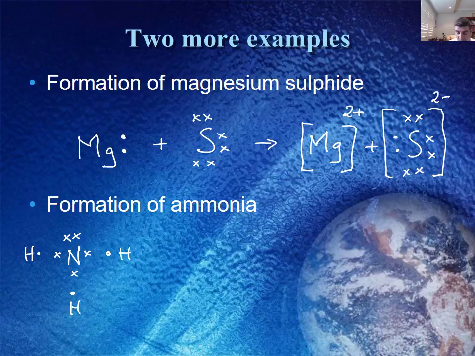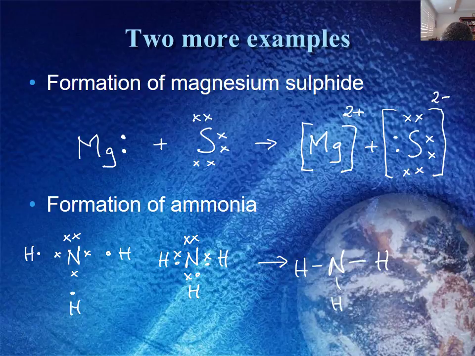So when these ones bond together, we get an arrangement where we have an unbonded pair for the nitrogen, but the rest of them will be bonded pairs. And another way of representing that, as we've looked at before, is to have N bond H, bond H, bond H, and then the unbonded pair at the top here.